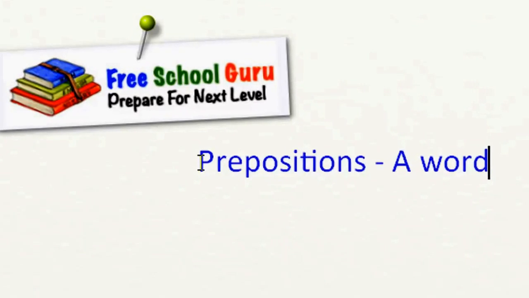So let's write the definition for a preposition first, and then we will try to understand more examples and different types of preposition. So a preposition is a word that shows relationship between other words in a sentence, or we can also say a word that shows relationship between a noun, pronoun, and other parts of a sentence.